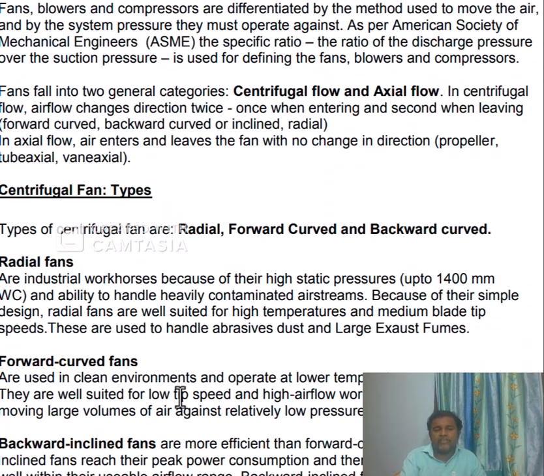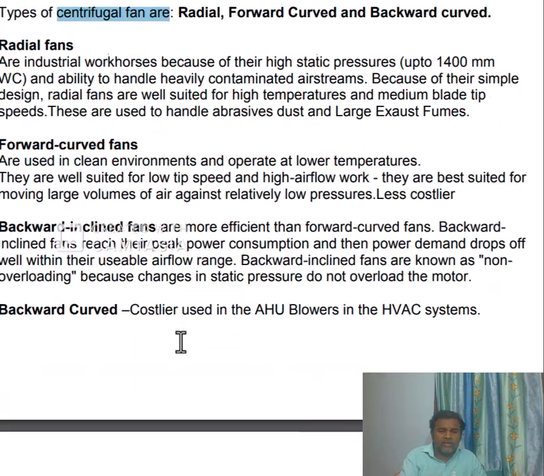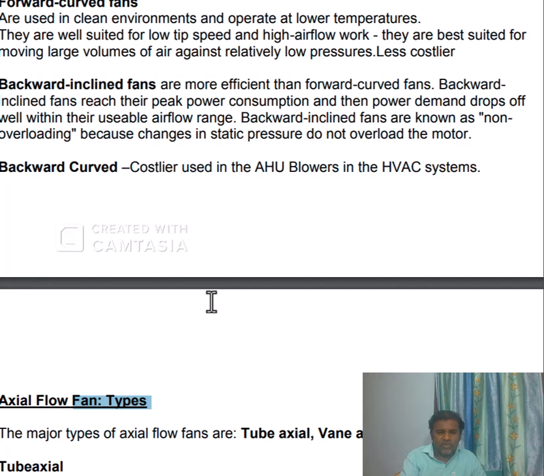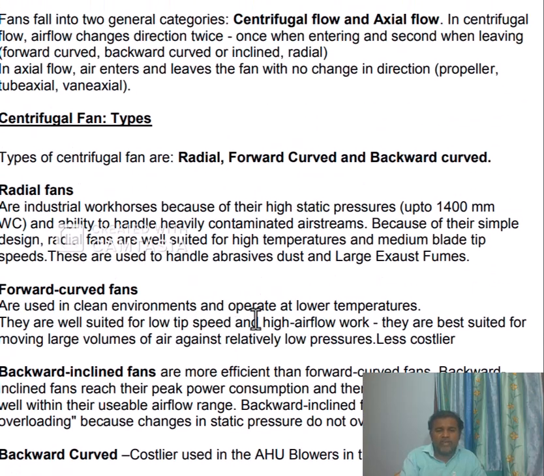The fans are divided into two categories: one is centrifugal fans, and another is axial fans. Under the centrifugal fans you can see radial fans, forward curved fans and backward curved fans.